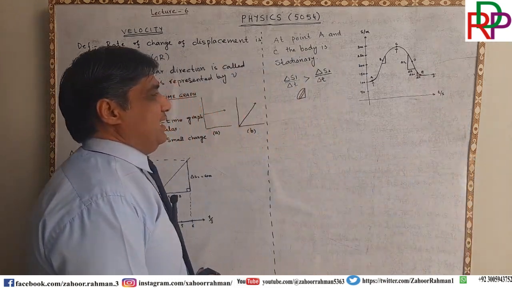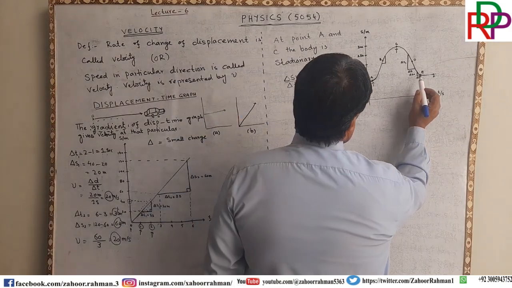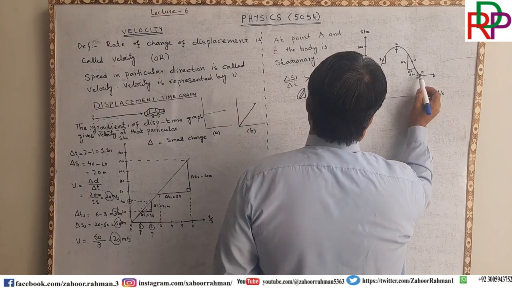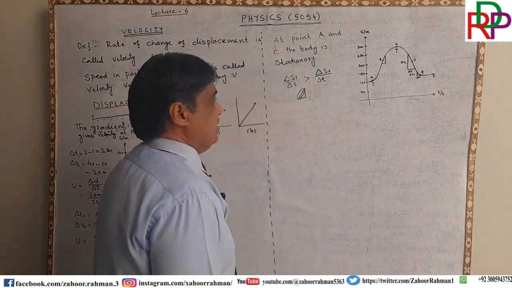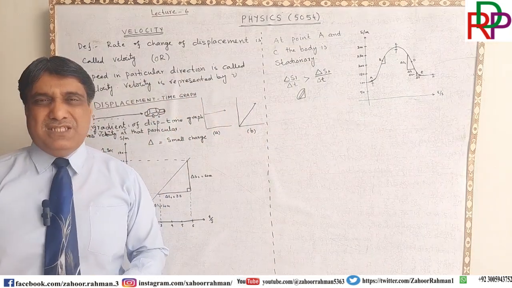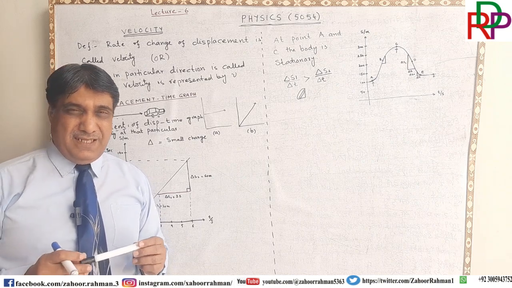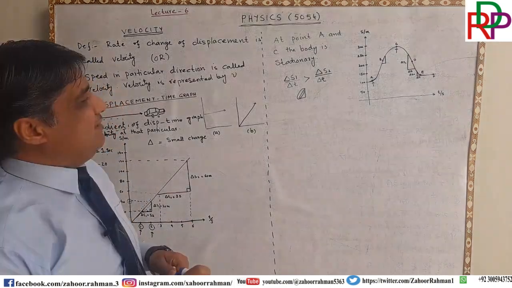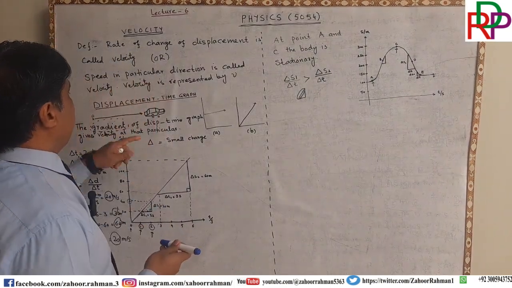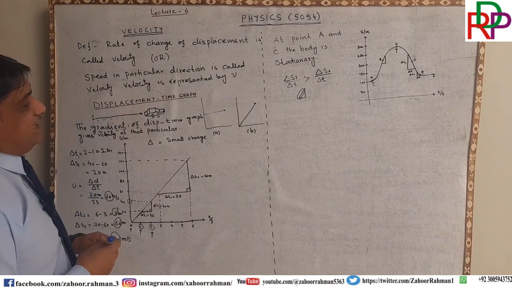This is smaller. The velocity reduction is smaller than at D. So you have to keep these points in mind while observing the displacement time graph.